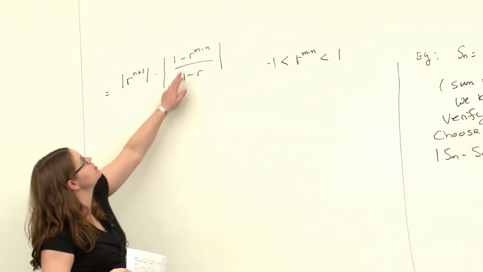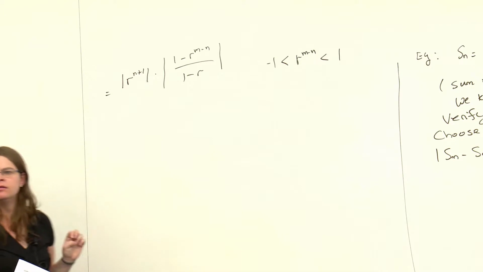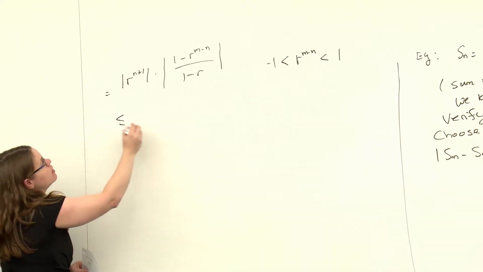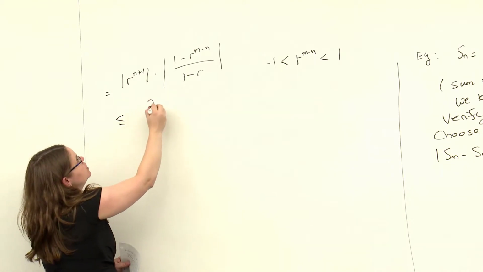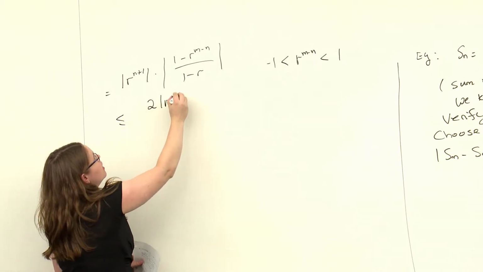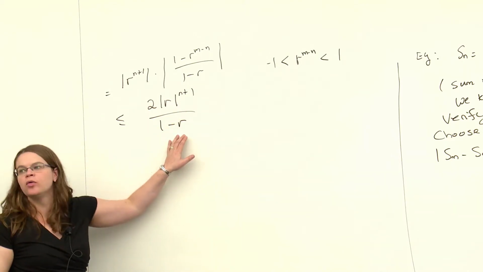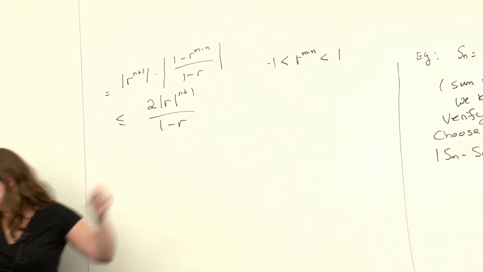So what's the biggest that this numerator is ever going to be? 2, right. So what am I going to have? I'm going to have 2 times r^(n+1) divided by 1 minus r. Okay, again, 1 minus r we know to be positive, so I can drop the absolute values.